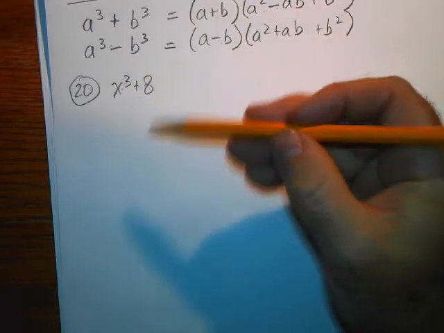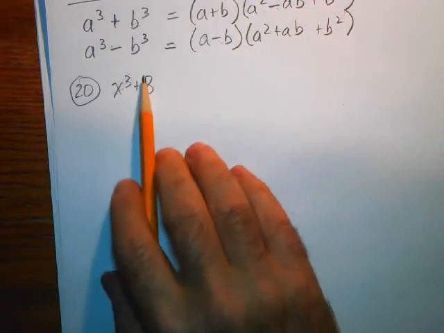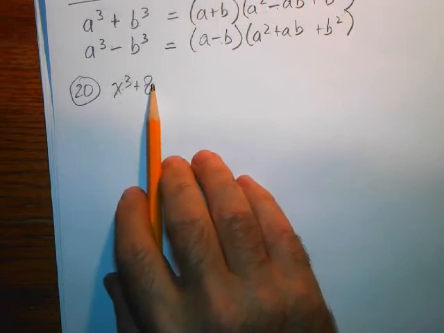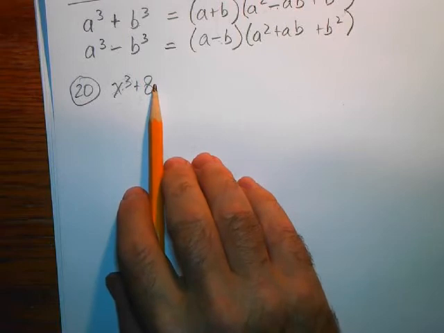So the perfect cubes are 1, 8, 27, 64, 125. They go up pretty quickly because they're cubing, but as long as you know what numbers you're looking for, it's not too hard.